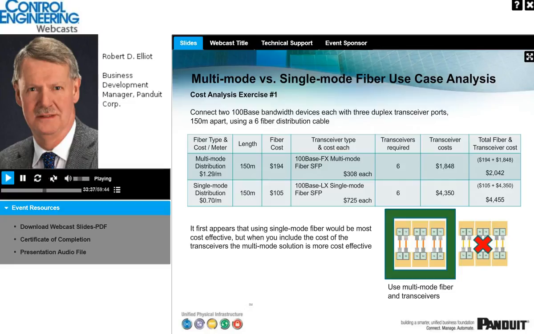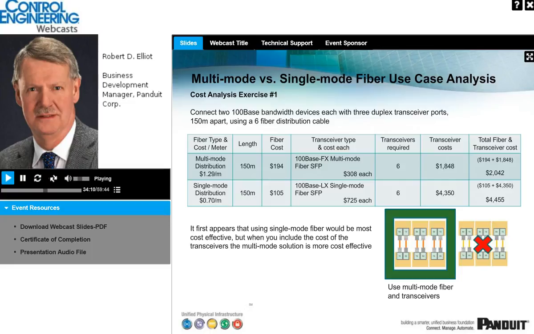This is an example here which is showing a comparison between the use of multimode and single mode fiber. On the left-hand column you can see some representative prices of fiber per meter. For a certain length we can work out the fiber cost, and these are typical transceiver costs that you would see, and you can see the difference between the single mode and multimode transceiver costs.